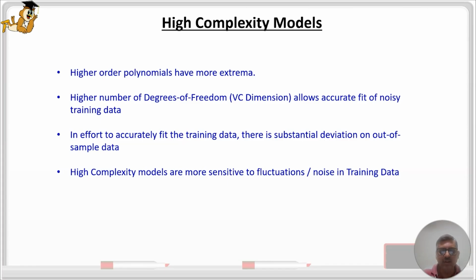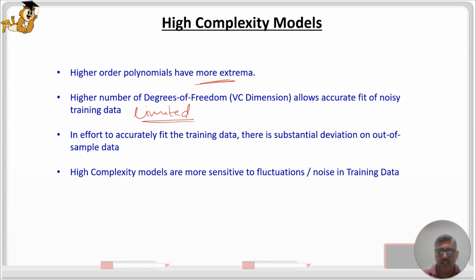So let's make the point. Higher complexity models or higher order polynomials have more extrema, as we saw. A higher number of degrees of freedom allows an accurate fit of noisy data, especially when that data is limited, which is the domain that we are working with.